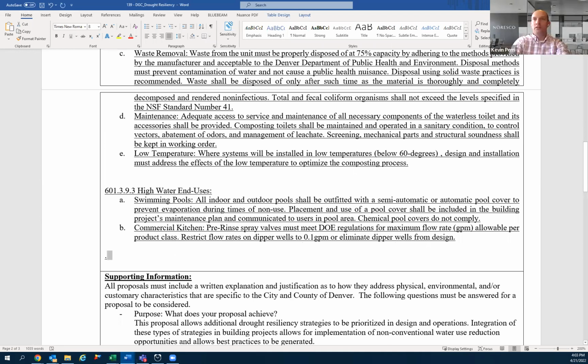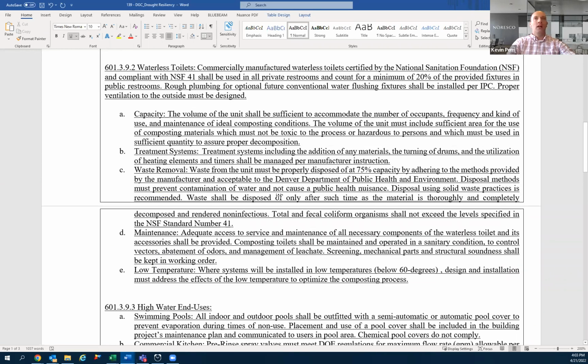Okay, so that, let me see, 601.3.9.4 waterless here. I will have to put that language in there, but for the time being, just for time's sake, we will highlight that on there. Okay, so your motion is to add those 2 highlighted yellow things. Next, anything else, Courtney? Okay, next hand is Jeff.